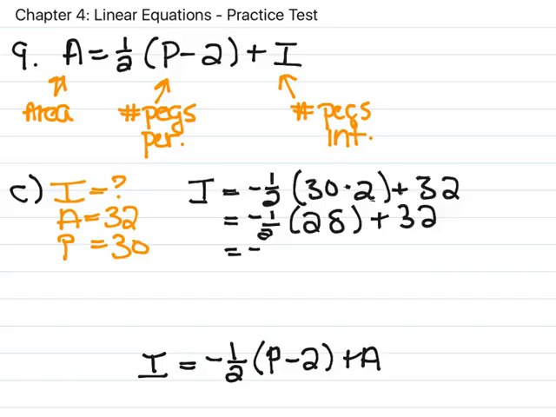So negative a half times 28 is, well, negative half of 28 is 14, so you're going to have negative 14 plus 32, which will give you 18 as your final answer.